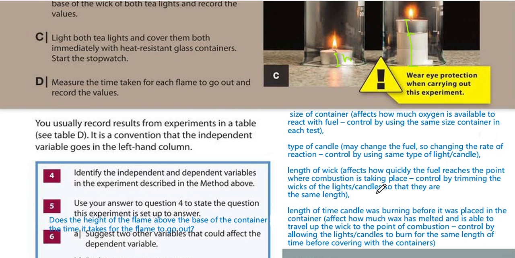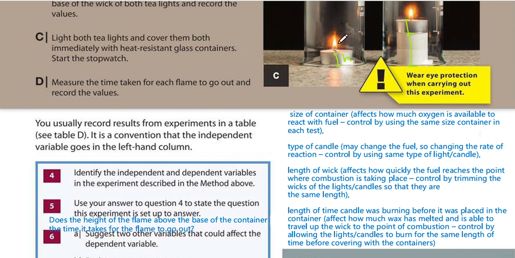What is the effect? How much wax has melted and is able to travel up the wick to the point of combustion. This can be controlled by allowing the candles to burn for the same length of time before covering with the containers.